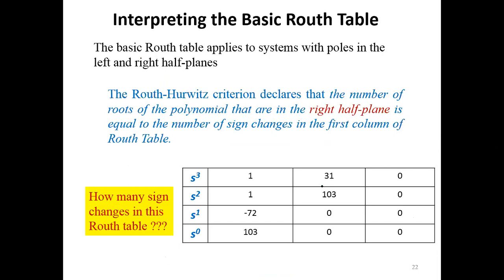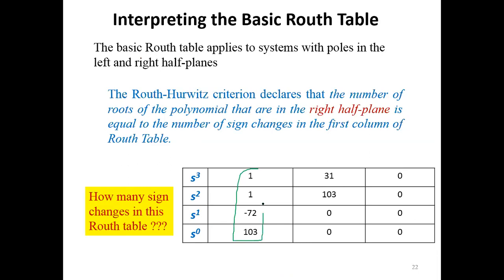So, interpreting the basic Routh table. The basic Routh table applies to systems with poles in the left and right half planes. The Routh Hurwitz criterion declares that the number of roots of the polynomial that are in the right half plane is equal to the number of sign changes in the first column of the Routh table.